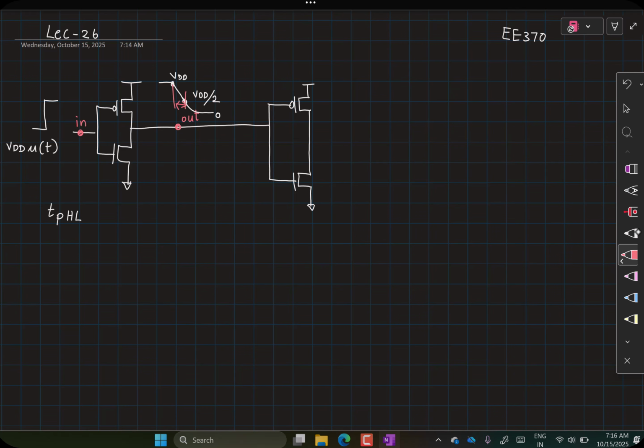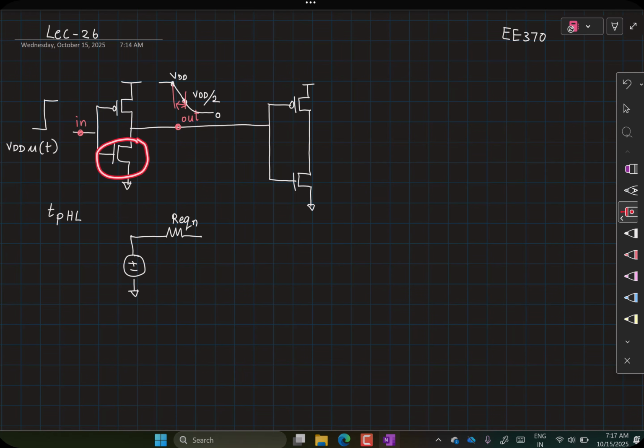And we said that this whole circuit can be modeled as shown below. So you will have a voltage source followed by R equivalent N, because you are looking at the discharge path and the discharging is happening through the NMOS transistor.